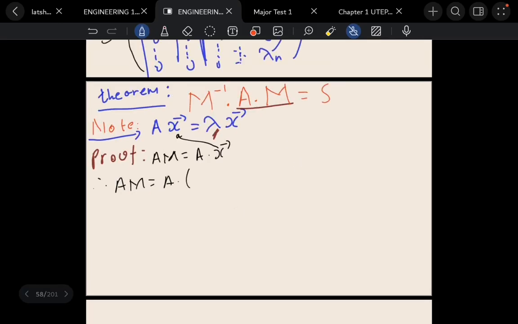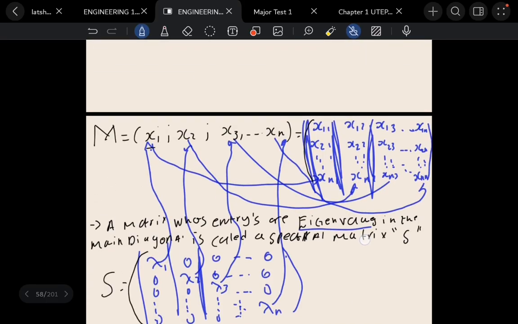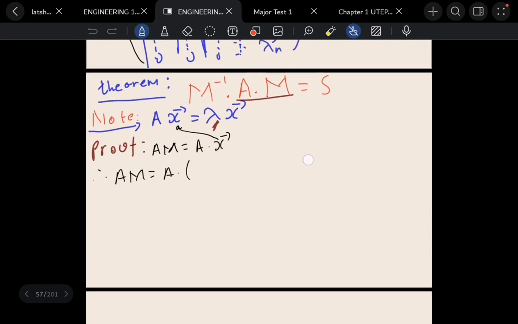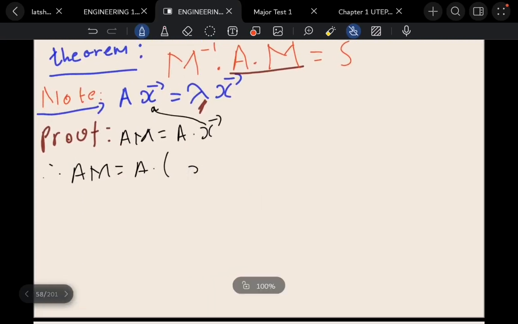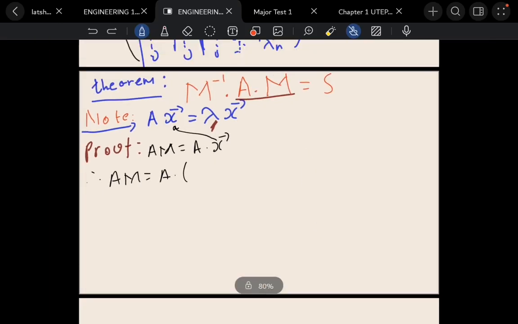So we know that AM has the following entries: X1, X2, X3, until you reach Xn. And then what I need to do is take that A and multiply it inside.